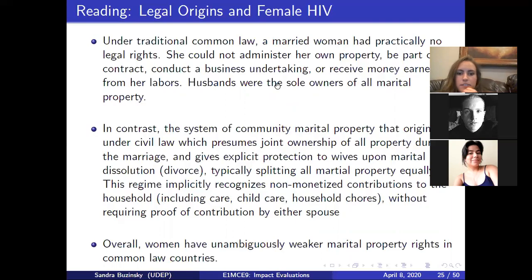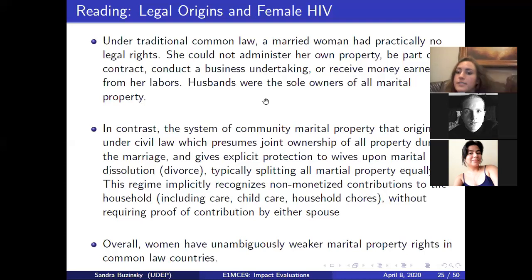Right, so the common law stems from the British, and the civil law stems from French, Portuguese, Spanish, Belgian, and other European countries.